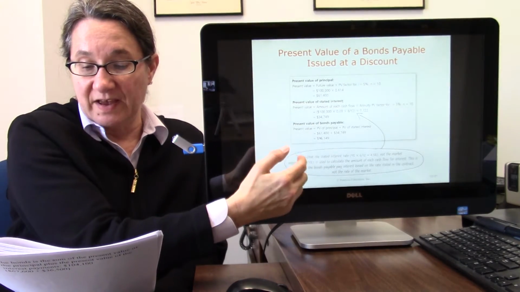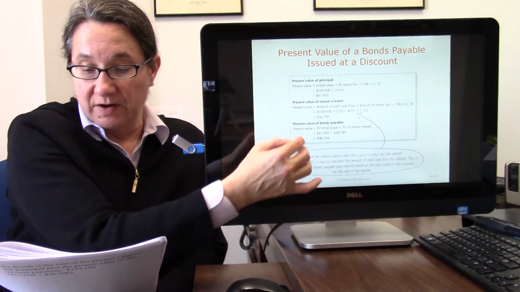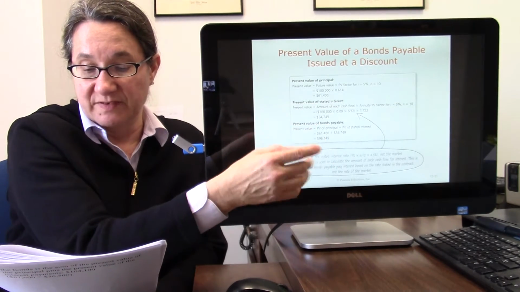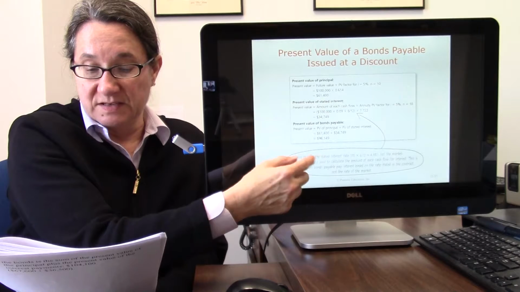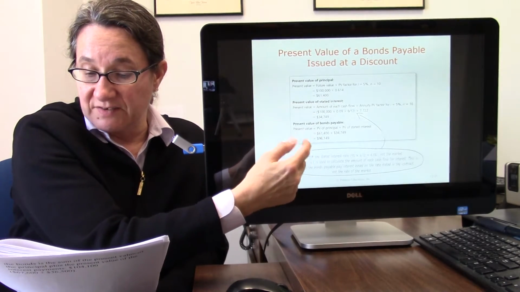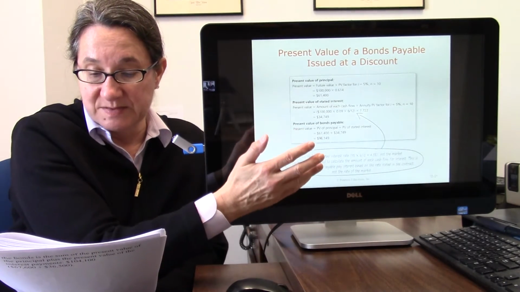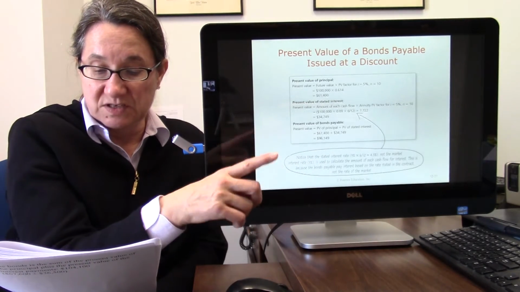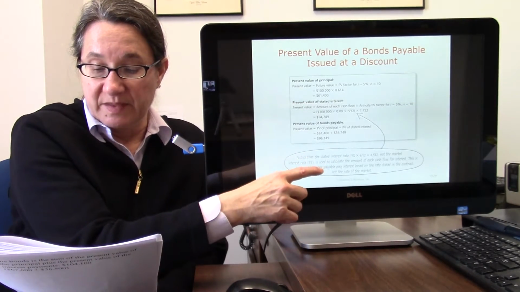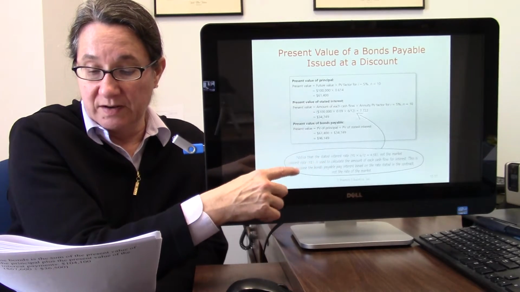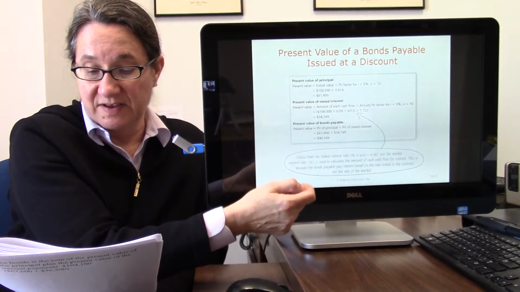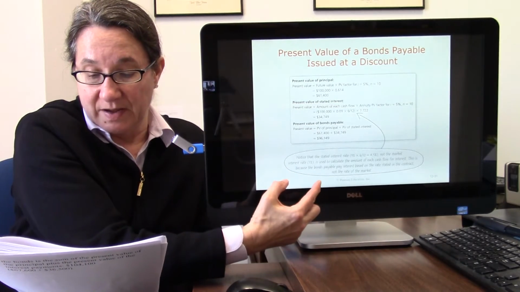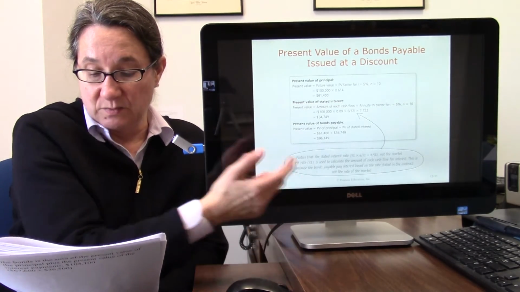You go to your table and use the market rate, 4% for 10 periods, since it's 8% for 5 years. 100,000 times the factor of 0.676 means that lump sum is worth $67,600. For the annuity, the interest coming every six months, the factor is 8.111, which gives $36,500. So you add 67,600 and 36,500, and the total value of that bond is $104,100.